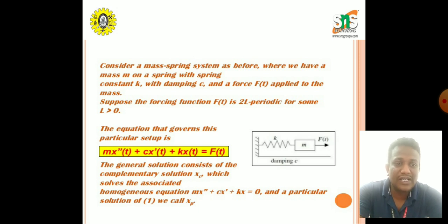The equation that governs this particular setup is m x double dash of t plus c x dash of t plus k x of t is equal to f of t. The general solution consists of the complementary solution xc, which solves the associated homogeneous equation m x double dash plus c x dash plus k x is equal to 0, and a particular solution which we call xp.